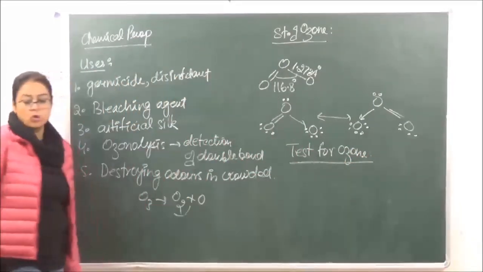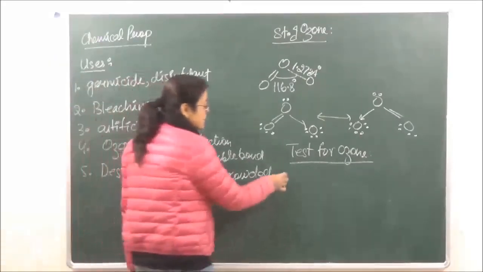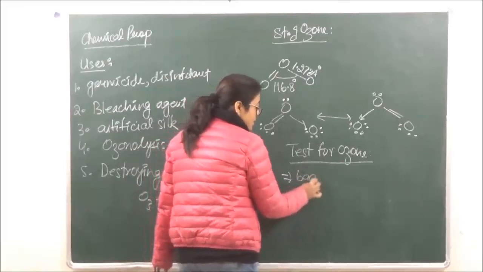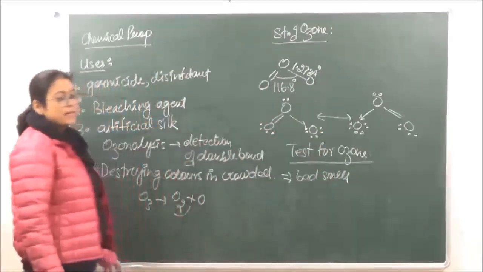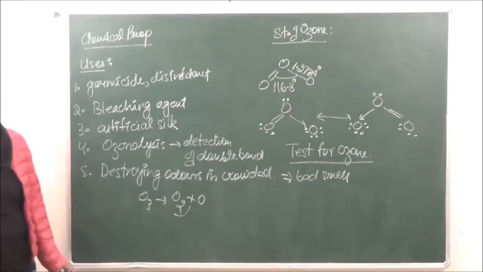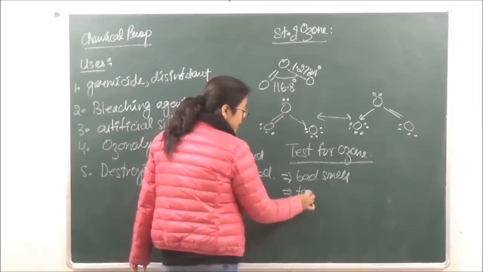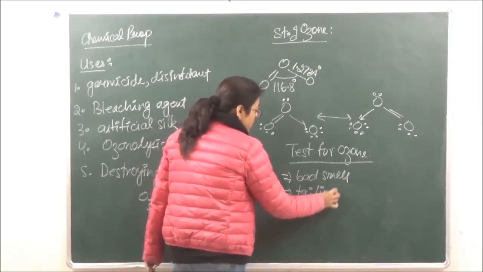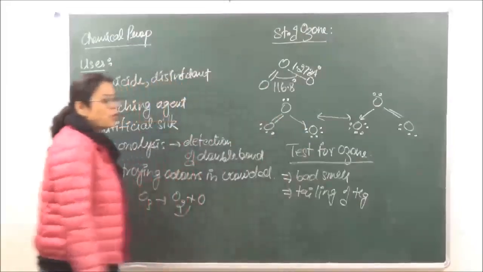Test for ozone. Number 1, we already know that it has a bad smell. Number 2, tailing of mercury. So we are reacting ozone with mercury. The tailing of mercury is going to be a test for ozone.